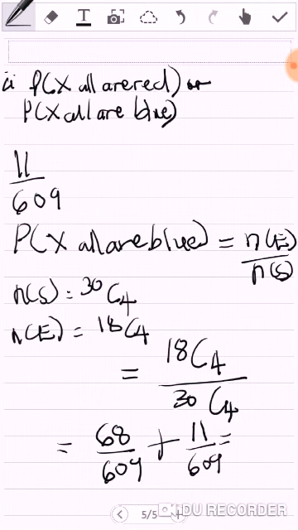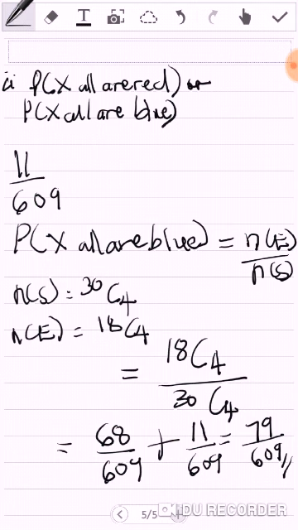What are we going to get? We just add the numerators. The denominator will still be the same because it's a common denominator. We add them, get 79. So this will be our answer.